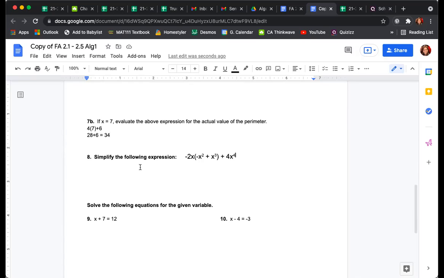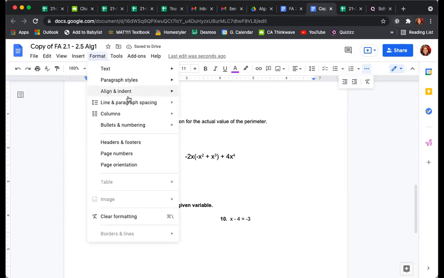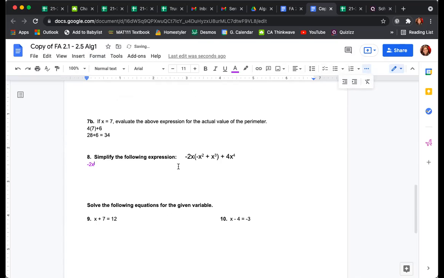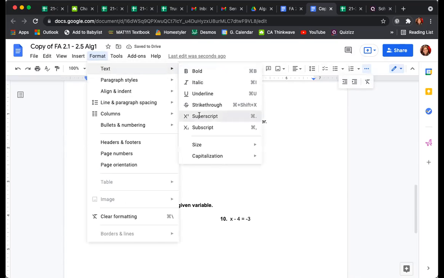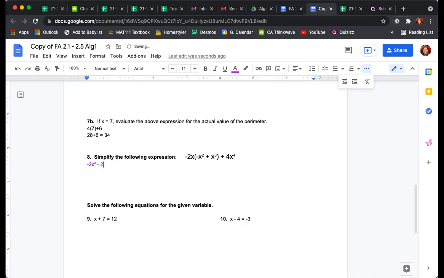So I'm not going to take a lot of time on it since we went over it with the entire class. Your final answer for this one is going to be negative 2x cubed minus 2x to the fourth plus 4x to the fourth.